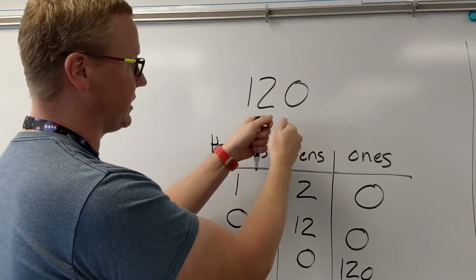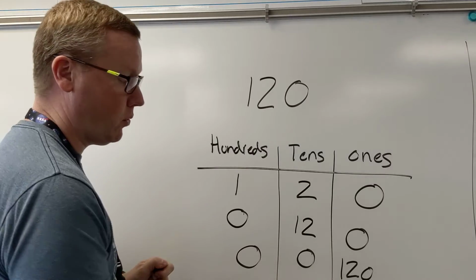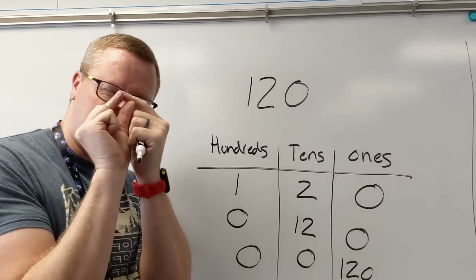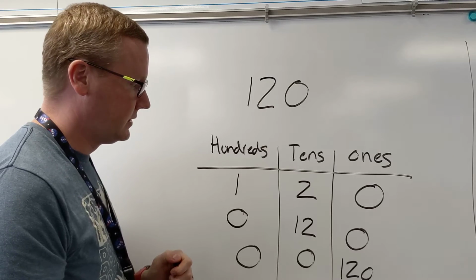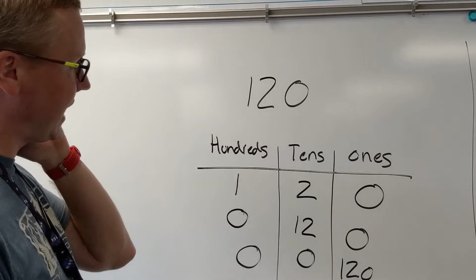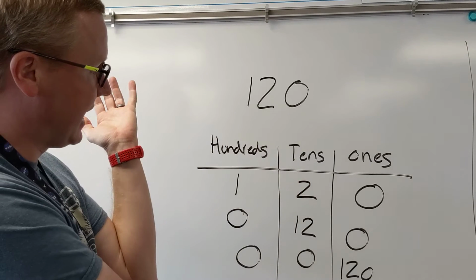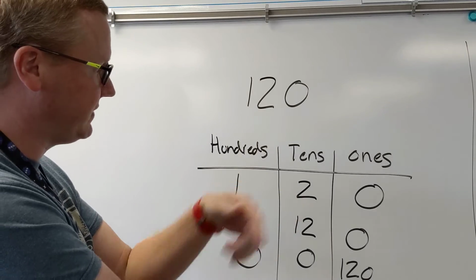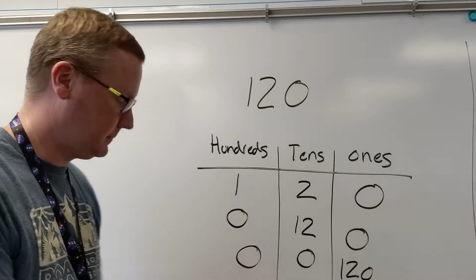So if I were to build it, you could take 12 strips and make 120. Or you could take 120 little units and add them all together to get 120. So you might get asked a question like that. Someone might say, I see 2 tens in there. And someone else will say, I see 12 tens. Who's right? Well, in this case, they'd both be right.